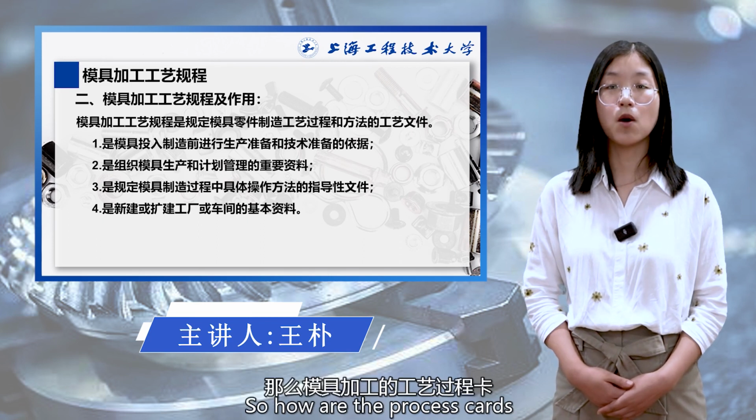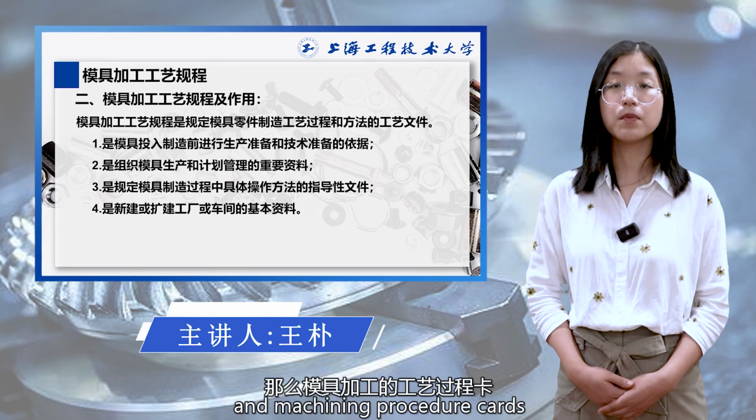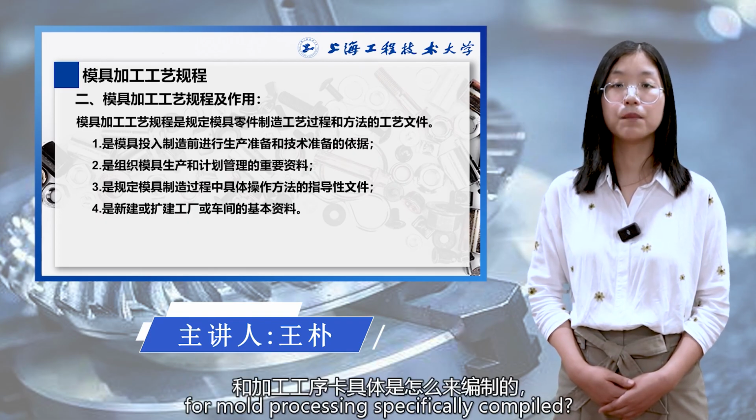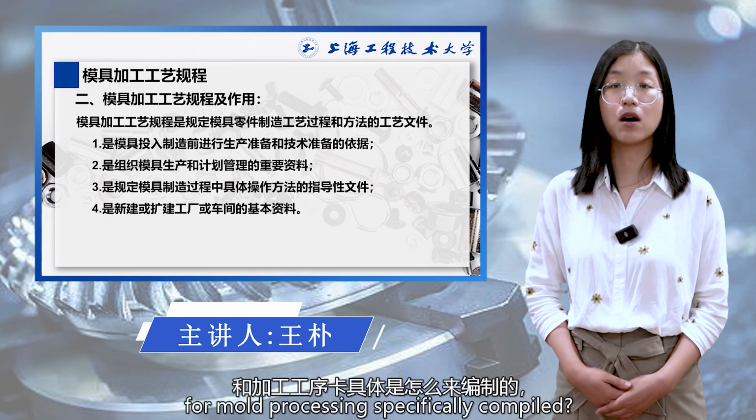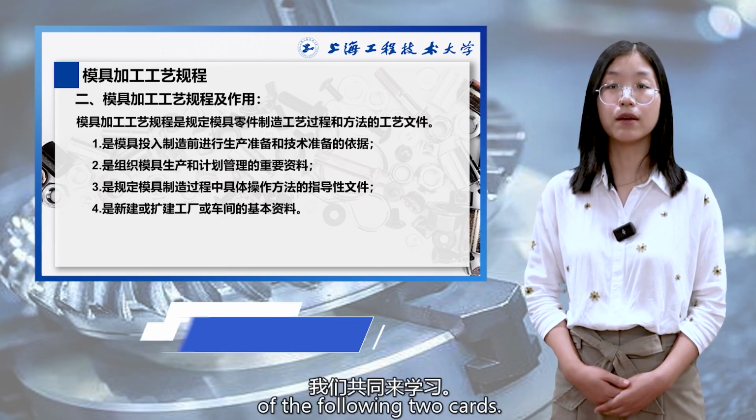So how are the process cards and process procedure cards for mold processing specifically compiled? Let's learn together from the contents of the following two cards.